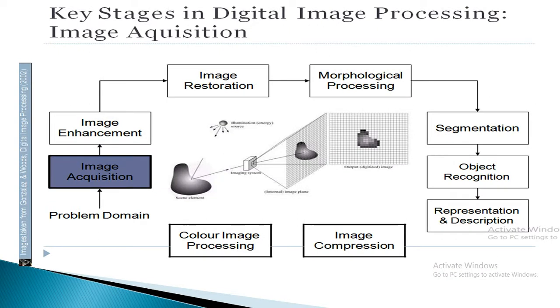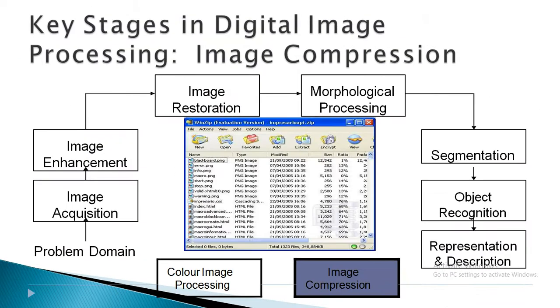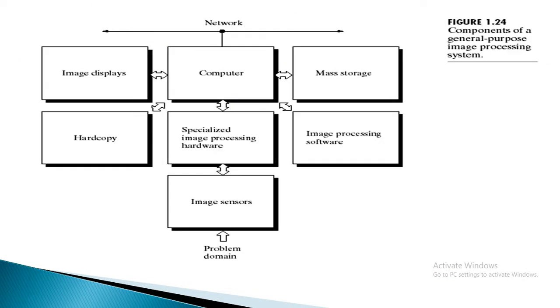So in the previous class, we started with what actually is your general purpose system, which could be used for image processing. So this is what we have seen in the previous class, this whole block diagram, like what is your image sensor and what is your specialized image processing hardware.